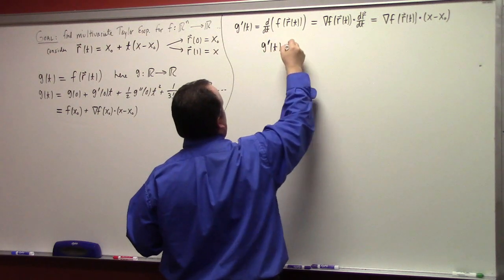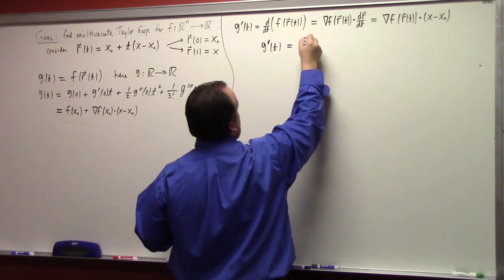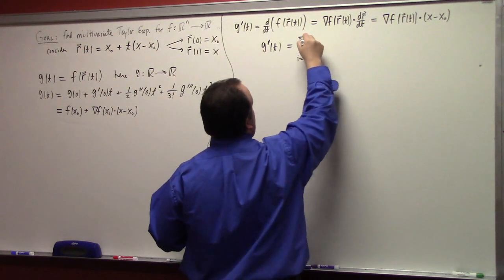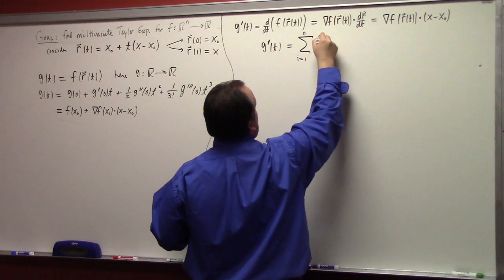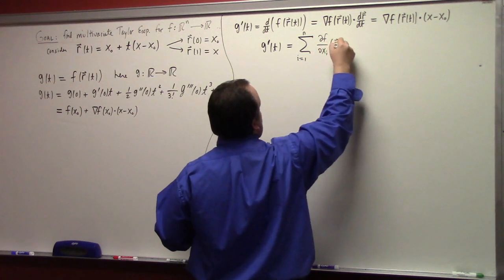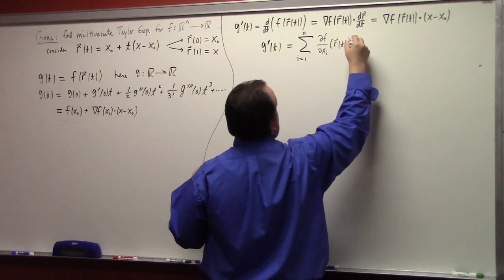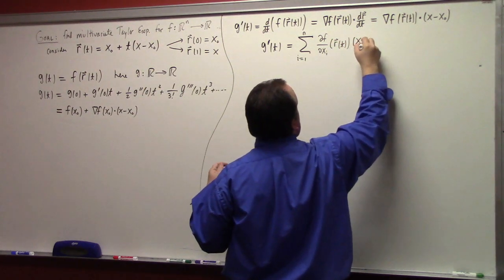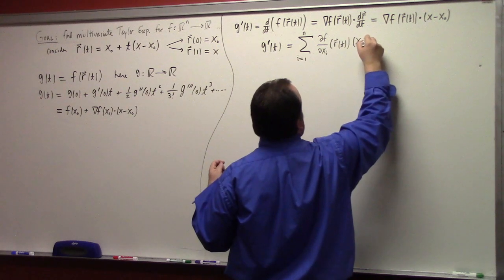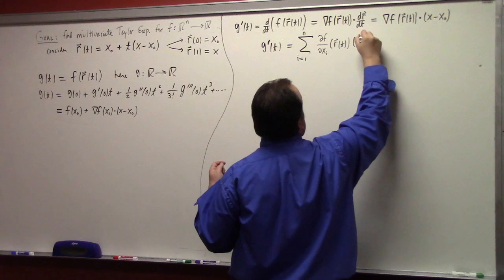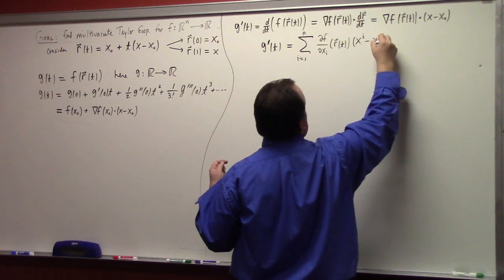Let's just rewrite g prime of t as, in fact, the sum, i equals 1 to n, of partial f partial x i at r of t, times x sub i minus, I'm going to use a superscript here if that's okay with you, x upper i minus x sub 0 upper i.